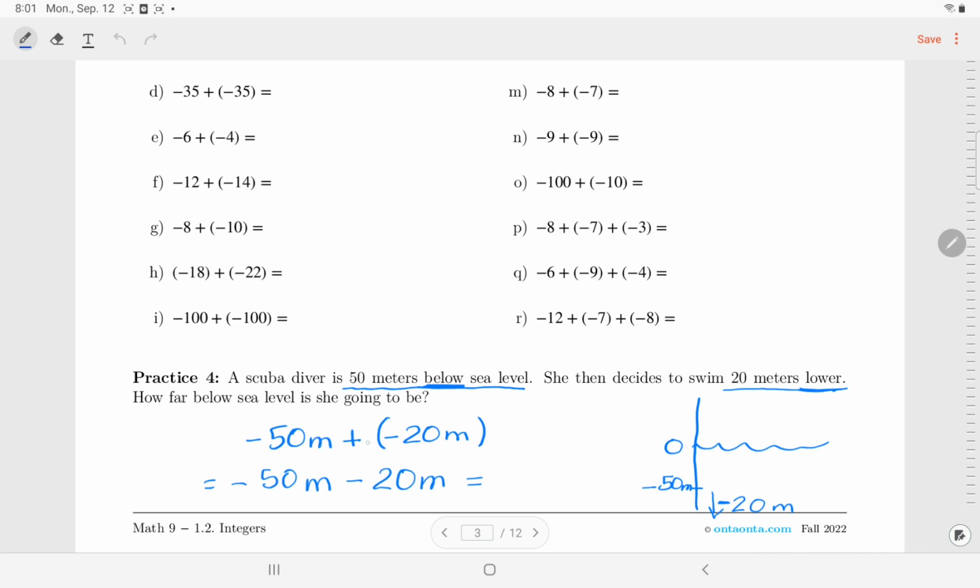Negative 50 meters plus negative 20 meters is negative 70 meters. I do prefer using this rather than subtracting 20 meters. So she will be 70 meters below sea level.